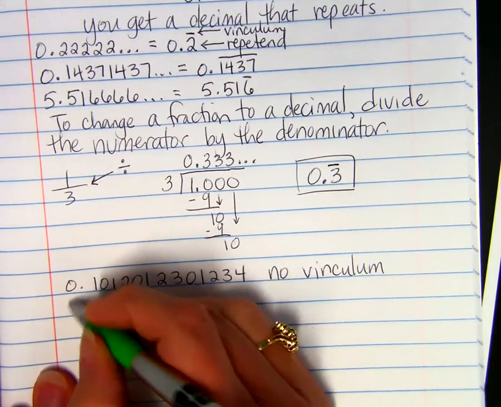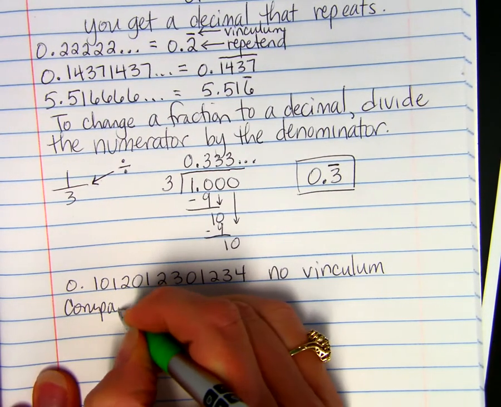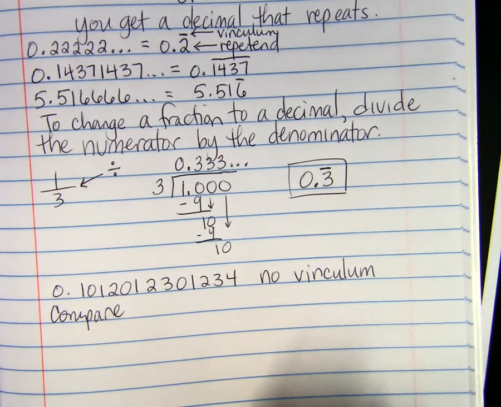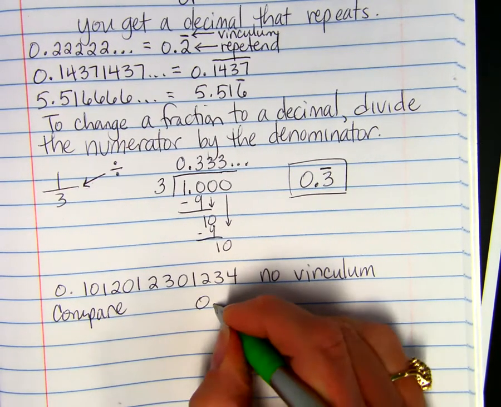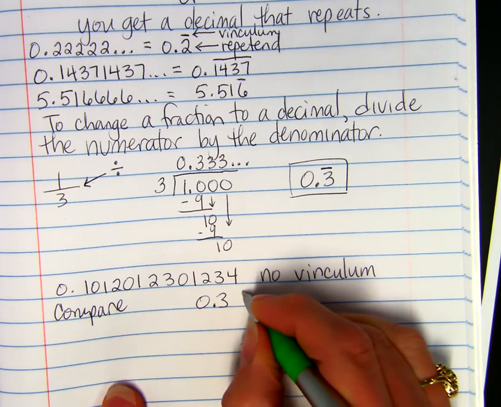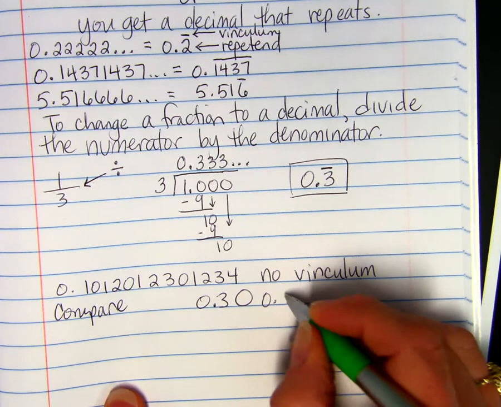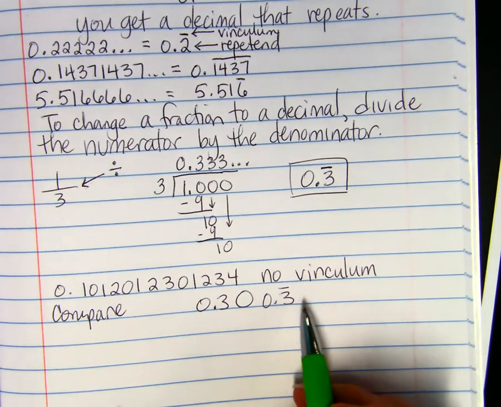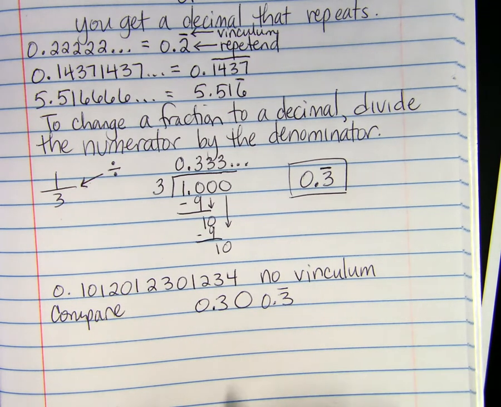We can compare decimal numbers, and if they're repeating, we have to remember that the 3 here will keep repeating.